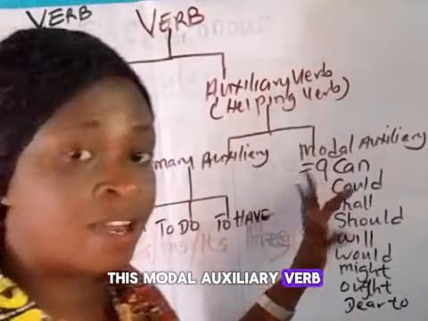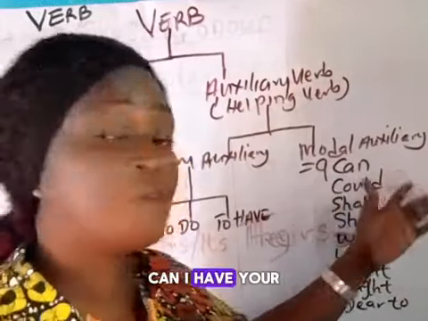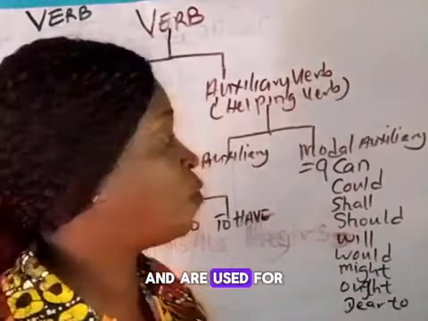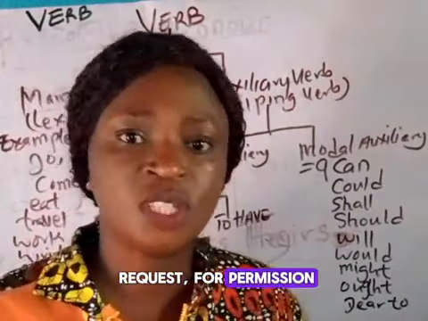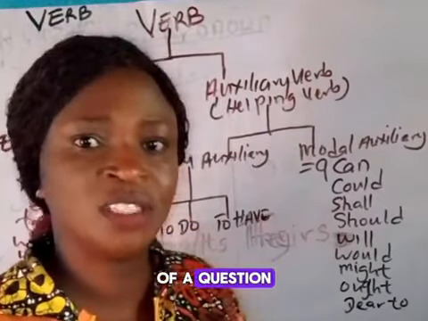So these are modalities. These modal auxiliary verbs are used for modalities. So, can I have your pen, please? They are modalities, either for request, for permission, for command, or for question.